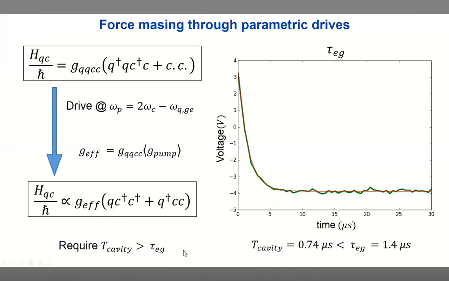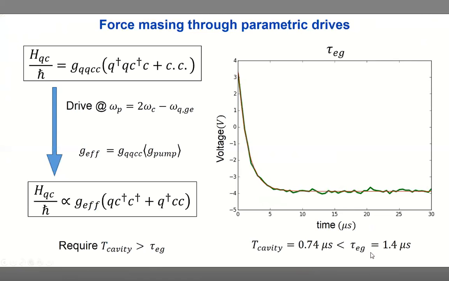For this to be possible, to see a buildup of photons in the cavity, I need the cavity to live longer than that E to G transition time. Applying this drive, what we look to see is whether we can decrease the time for the qubit to go from E to G. On this plot, as the system is now, we're able to make this transition in 1.4 microseconds.